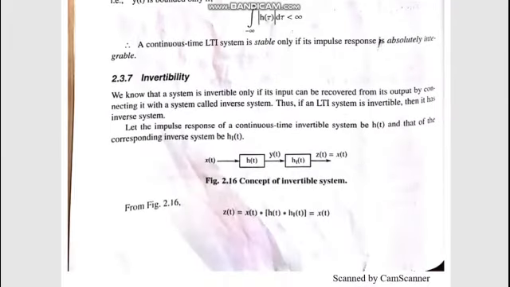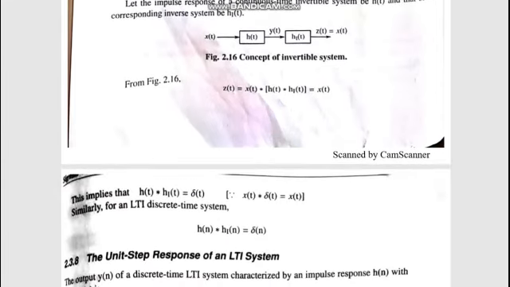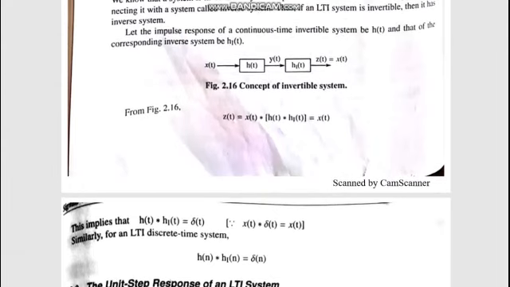And another property is the invertibility property. We know the system is said to be invertible only if its input can be recovered from its output. I repeat this: an invertible system is one whose input can be recovered from its output. So you can observe this block diagram: x of t is given to h of t, which gives you your y of t.